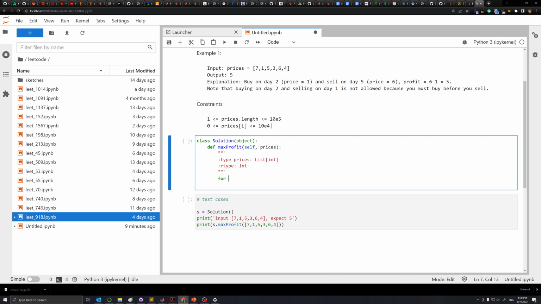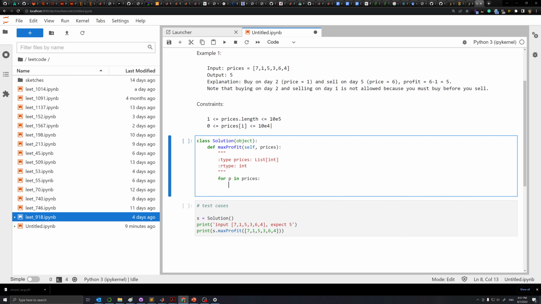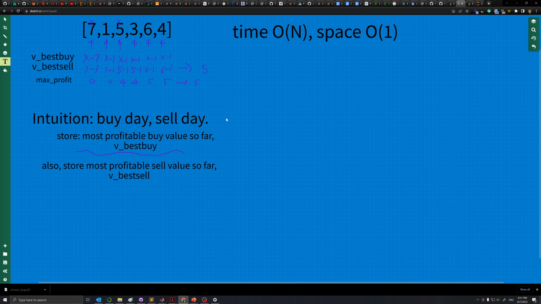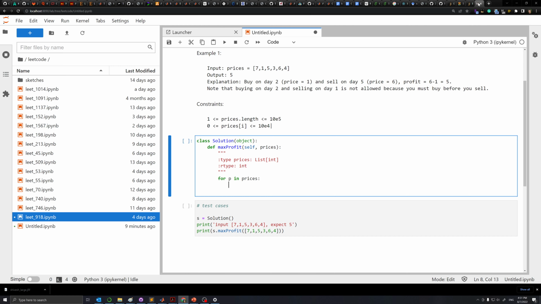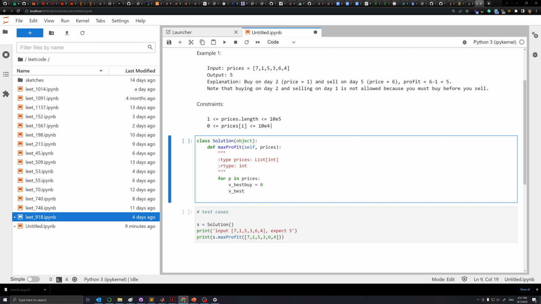So for p in prices, right? We're gonna start from the first one, and then, let's say, what do we do? We're gonna calculate v best buy, v best sell, those two. V best buy equals to something. V best sell equals to something. I'm just gonna put a 0 there as a filler.